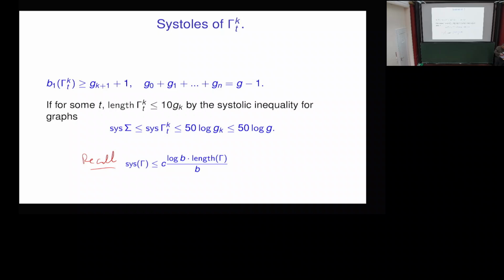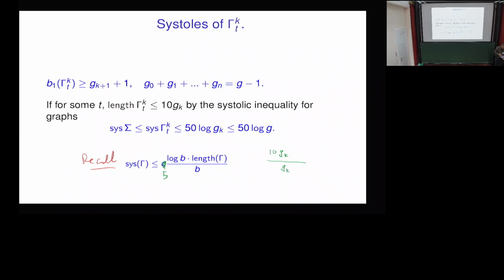So let's do the calculation again. The length is 10 g_j. Oh, the constant here was 5, right? And then I have 10 g_j divided by the Betti number, which is g_j plus 1.